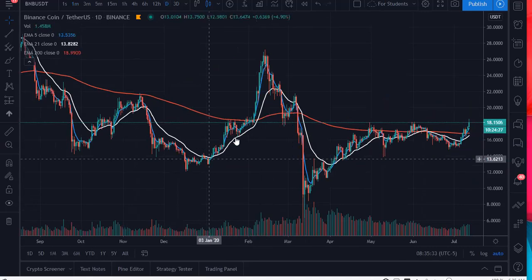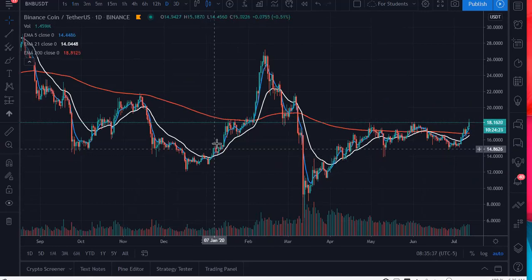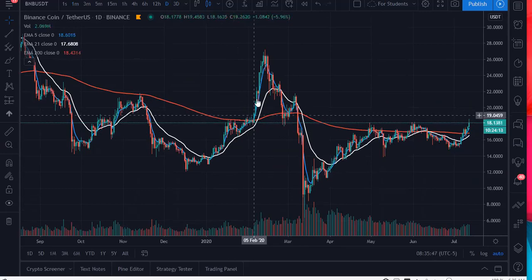For example, when this got above the 21 right here, did you see how long it stayed above it? And then it struggled right here. It struggled right there, it failed, and it struggled again, and it succeeded around the 200. Because remember, the white is the 21, the red is the 200.